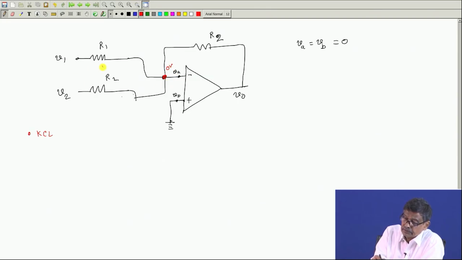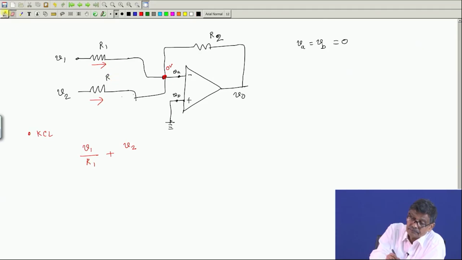So, this current is V1 minus 0 by R1, plus V2 minus 0 by R1, this current, suppose these two resistances are equal.